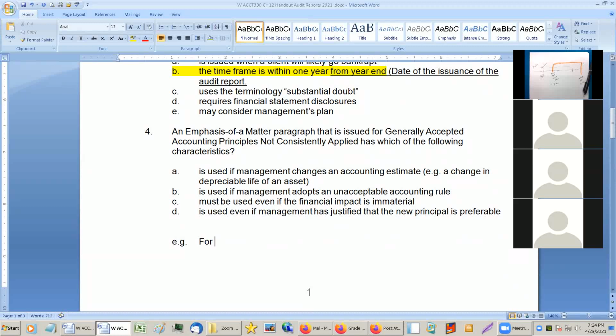So generally accepted accounting principles to generally accepted accounting principles. So let's say from LIFO to FIFO. I don't like the way I wrote that. Okay, so it must be for GAAP. They were talking about going from one GAAP rule to another.